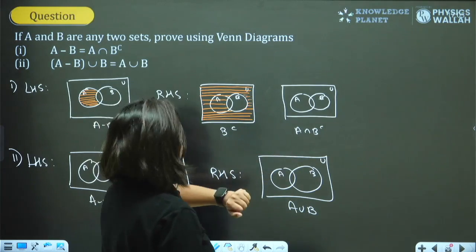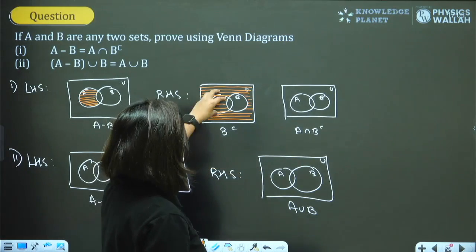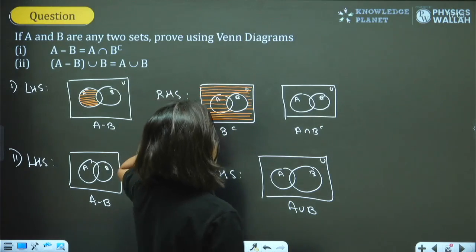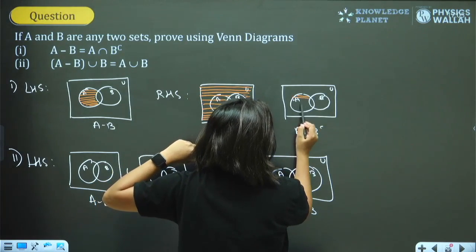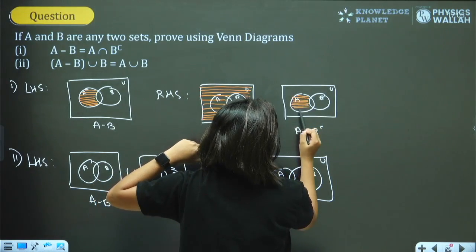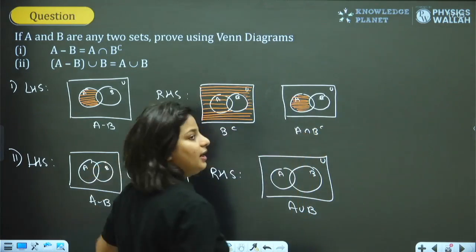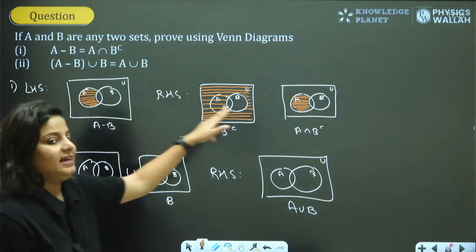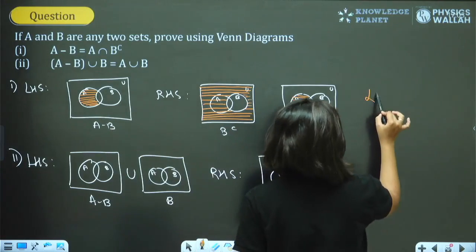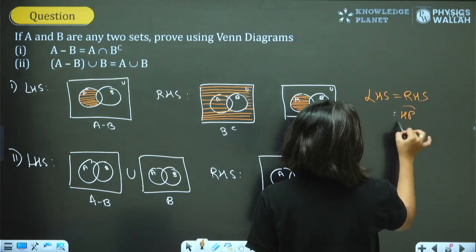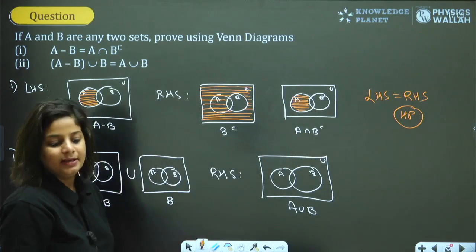Now A intersection with B complement: there is the entire circle A, and you have to take its intersection with B complement. What will be common? This portion. Now is the LHS diagram matching with the RHS diagram? Very well. LHS is equal to RHS, hence proved using Venn diagram.